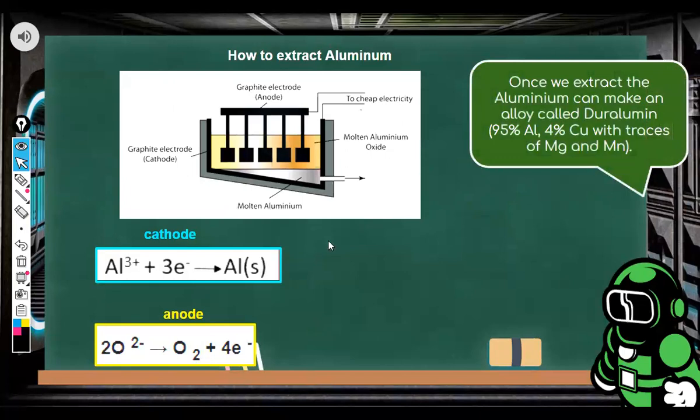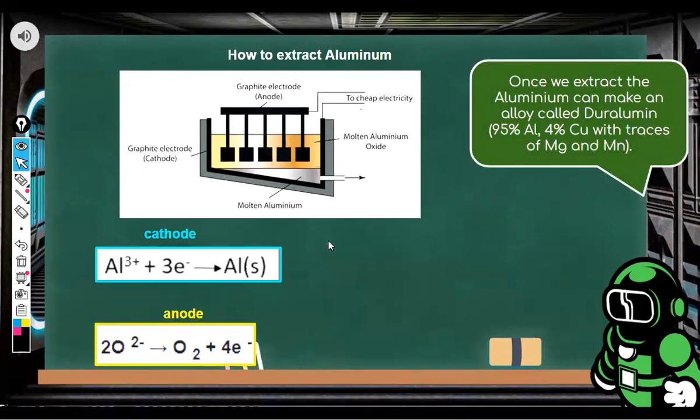All right, now here's the next thing we could do. You see, once you extract the aluminum, the aluminum basically comes out pure enough. You can make an alloy of aluminum called duralumin. Now, duralumin is 95% aluminum mixed with 4% of copper.